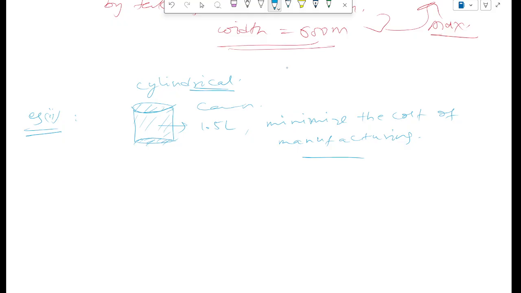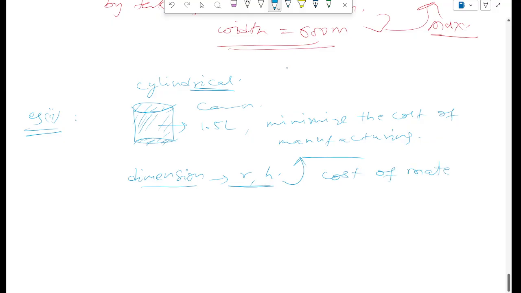So this is the problem. What this problem is actually asking is what dimensions we should take for this can, like radius and height, so that we get minimum cost. Cost is like the cost of material.